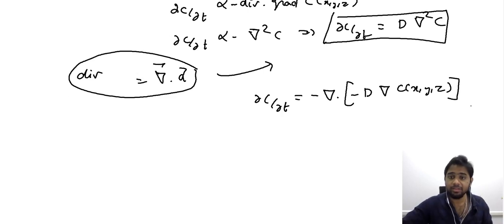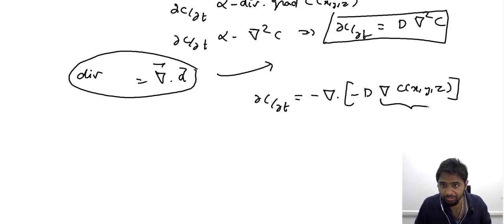So this is the accurate way of expressing Fick's second law, wherein we have the gradient term here and the divergence term here, and there is a dot product that is being explicitly stated.